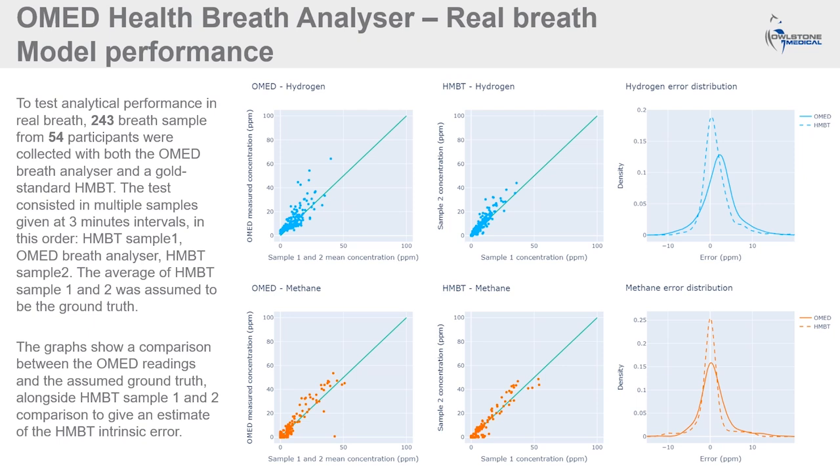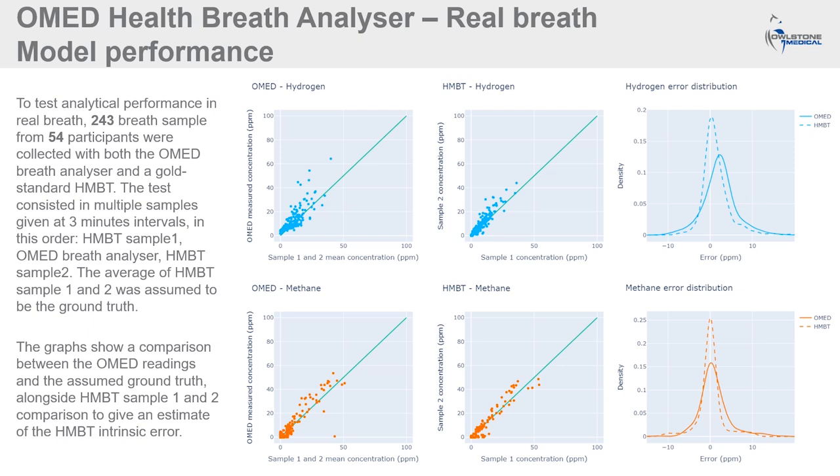As a term of comparison, the same has been done to the error between the first and second measurements with the HMBT, showing the HMBT error against itself. In the line plots, this is shown as the dashed lines. The error distributions look comparable between OMED and the HMBT, which is a very promising result.